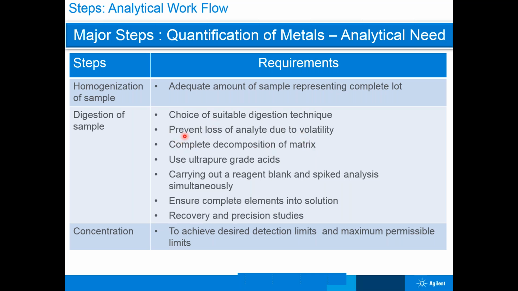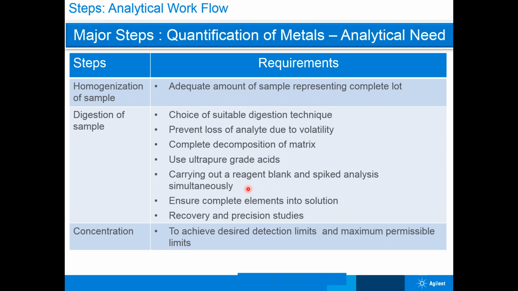It is most important to prevent loss of analyte due to volatility. We have to use ultra pure grade acids. The reason for using ultra pure grade acids is that when you run your method blank or reagent blank, you will not get a high value. It is most important that we carry out the reagent blank and spiked sample simultaneously when preparing our sample.